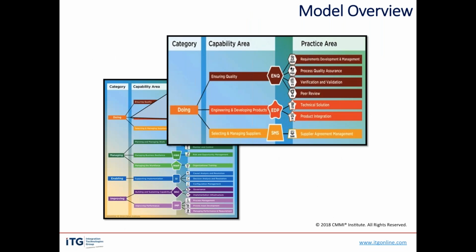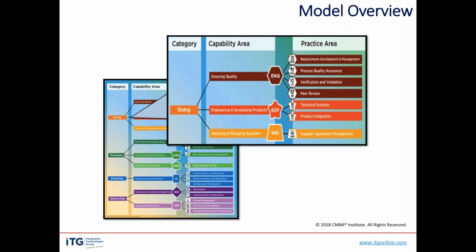So, as I mentioned before, there are 4 categories, and those 4 categories are called doing, managing, enabling, and improving. And within each category lie 3 capability areas, okay?